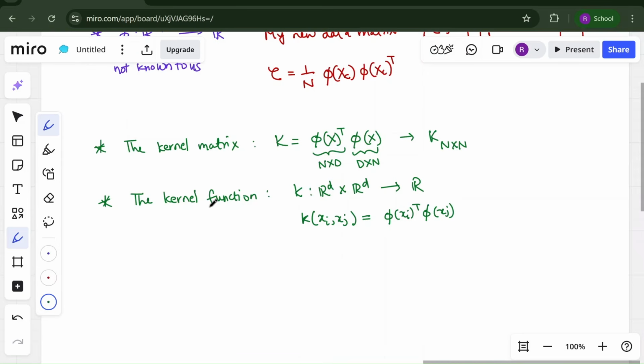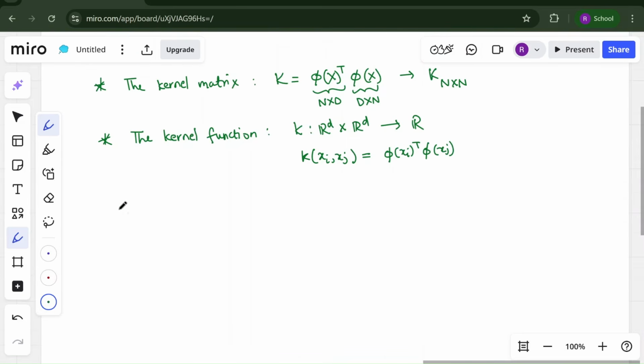What is the relation between the kernel matrix and the kernel function? The relation is that you take the kernel matrix and look at the ijth entry.